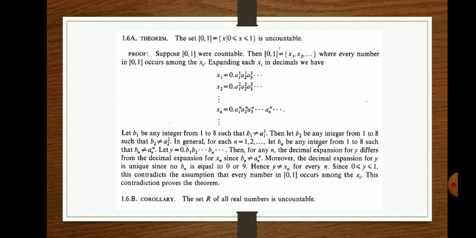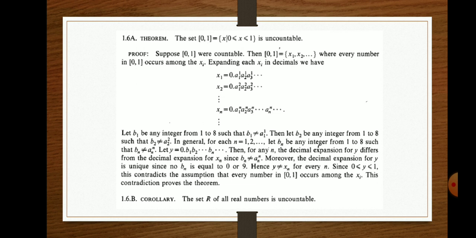So xn is the nth number, and a2n is the second digit of the nth number. Now let b1 be any integer from 1 to 8 such that b1 is not equal to a11.